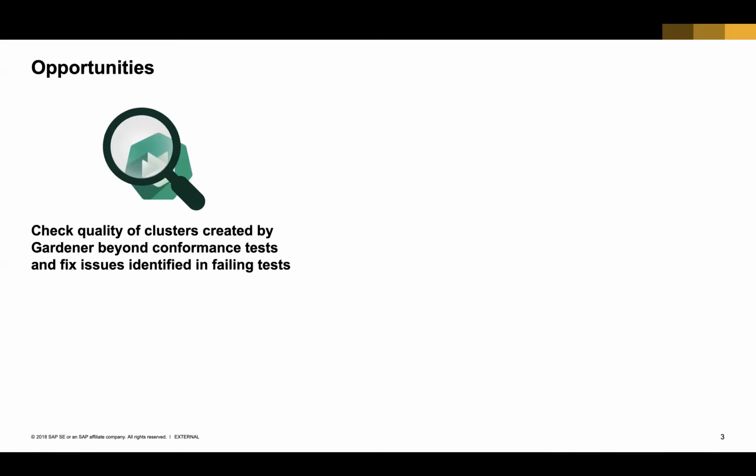First of all, this is a huge E2E Kubernetes test suite, and we are creating many clusters daily with Gardener, and therefore it definitely makes sense to use it. We are able to check the quality of these clusters created by Gardener beyond conformance tests, identify issues if any tests are failing, and fix that as fast as possible.